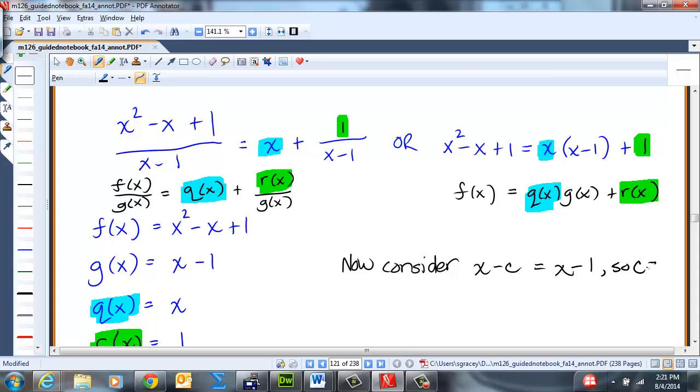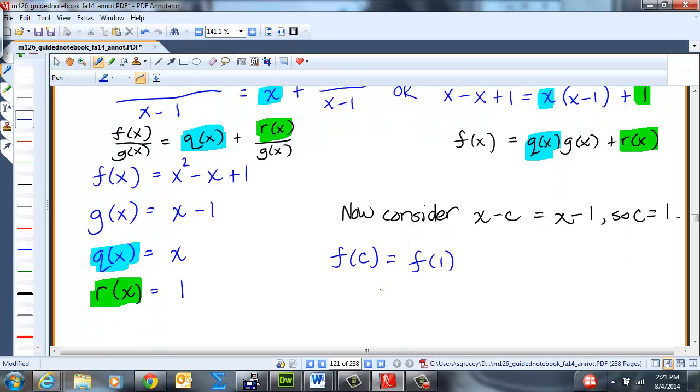So c is 1. And let's evaluate f of c, which will be f of 1. The original f was x squared minus x plus 1, so it'd be 1 squared minus 1, and then plus 1.